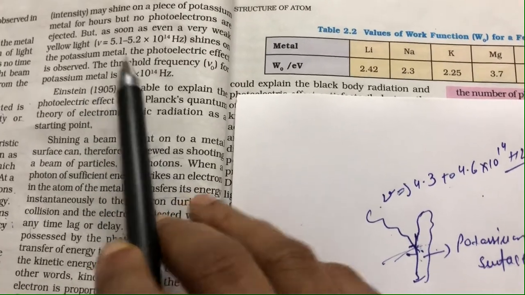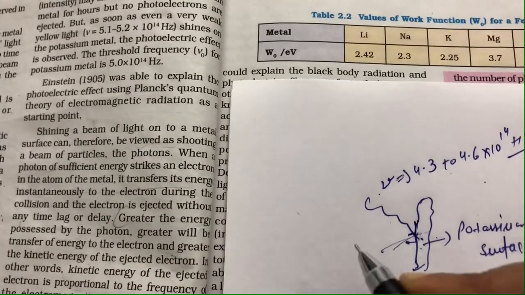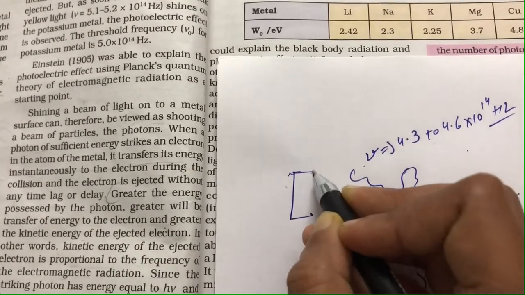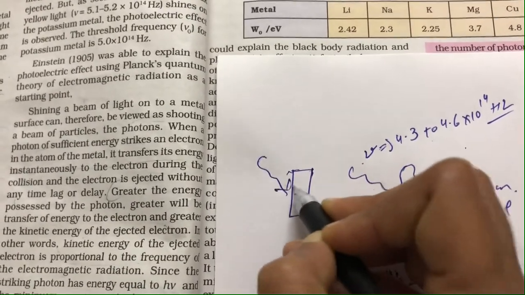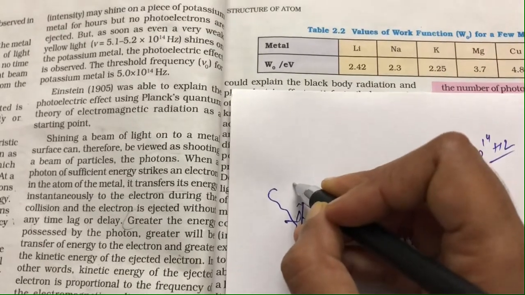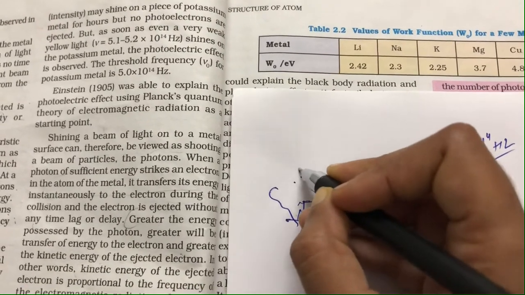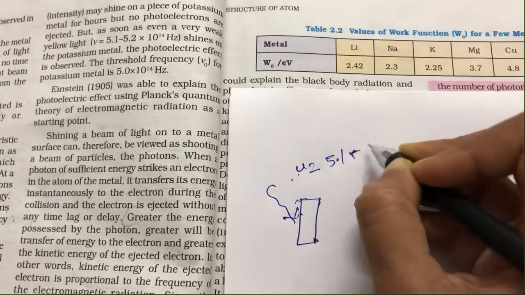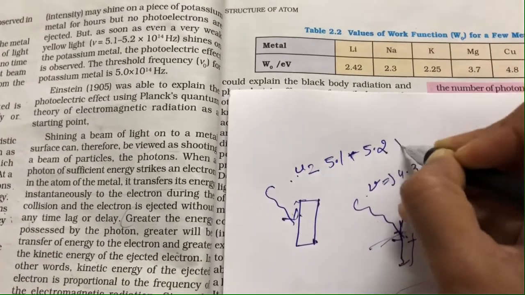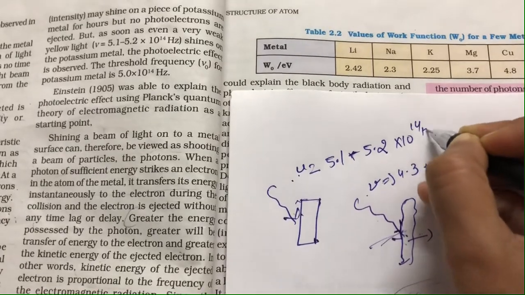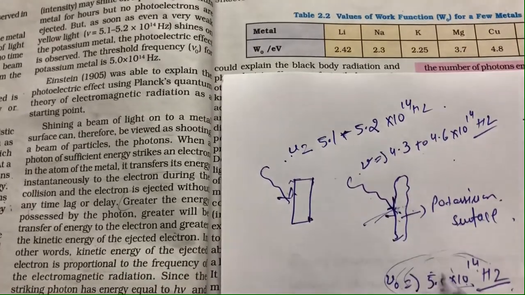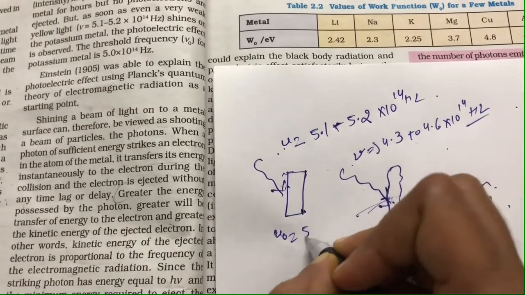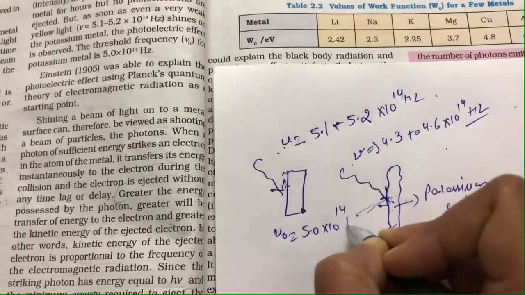Clear? For yellow light, you can see that when we are making this radiation incident, that is yellow colored radiation, its frequency will be 5.1 to 5.2 into 10 raised to power 14 hertz, and nu naught, again for potassium metal, will be 5.0 into 10 raised to power 14 hertz.